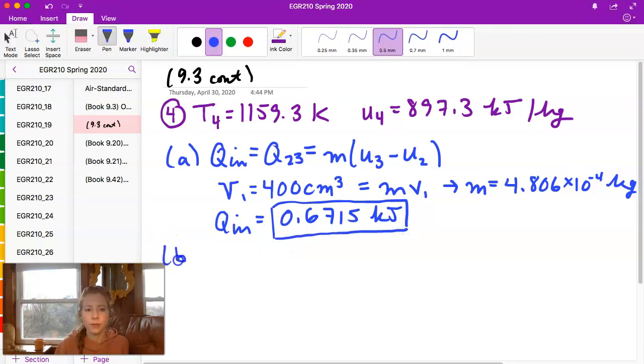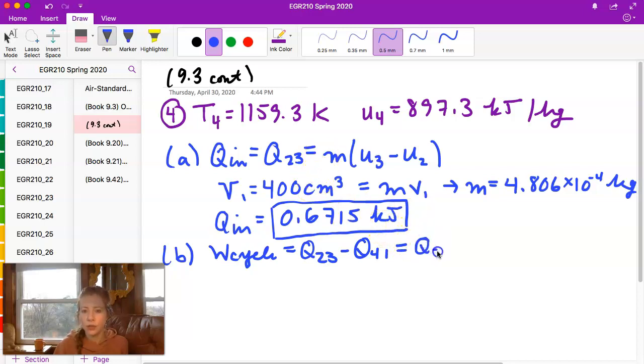For B, we have W cycle, which is going to be Q23 minus Q41. And so we already found Q23.